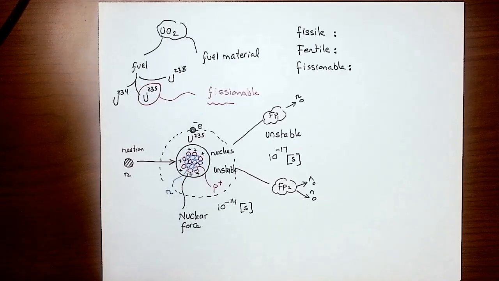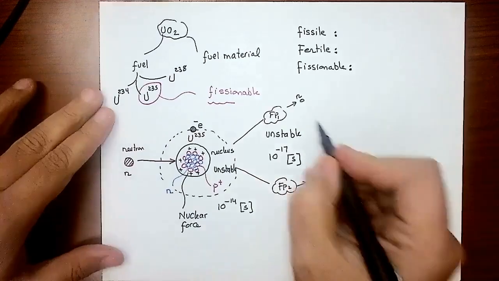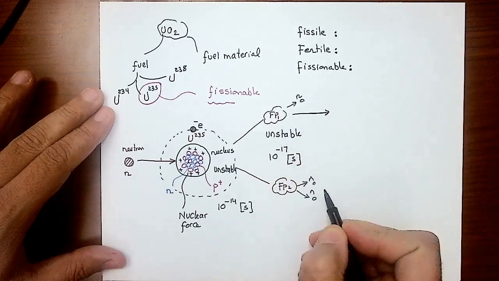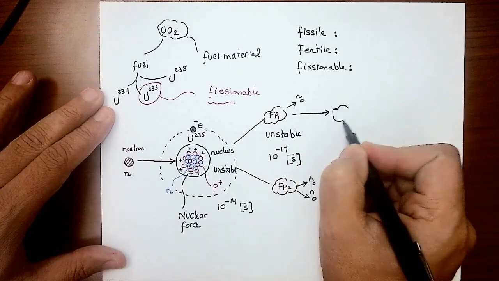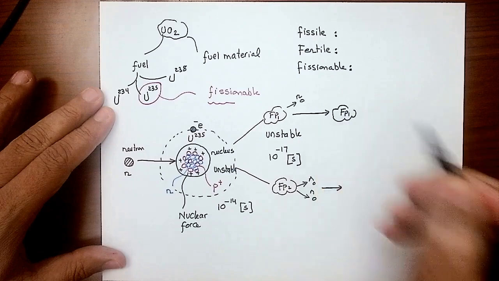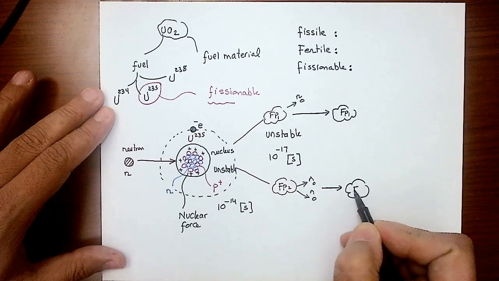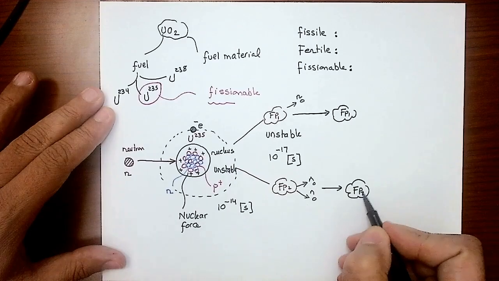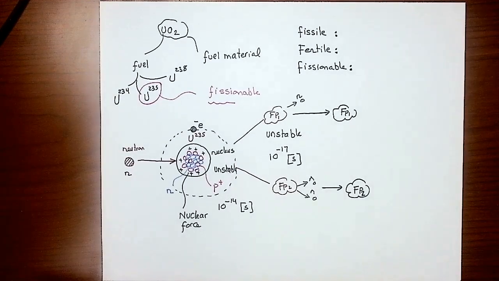So it takes 10 to the minus 17 seconds for this initially unstable fission product to emit neutrons, trying to become stable. So this will try to bring these fission products into a second phase, trying to reach the stable condition.